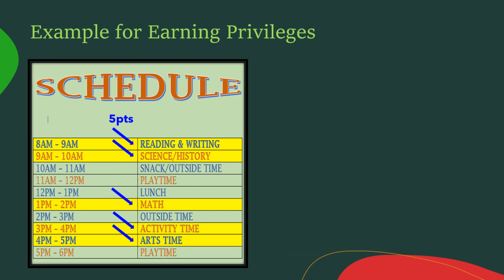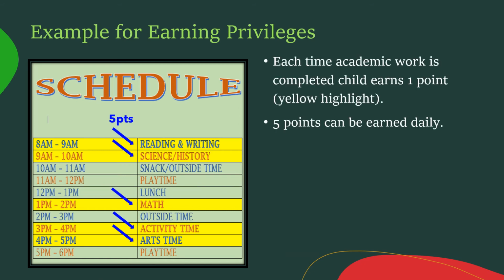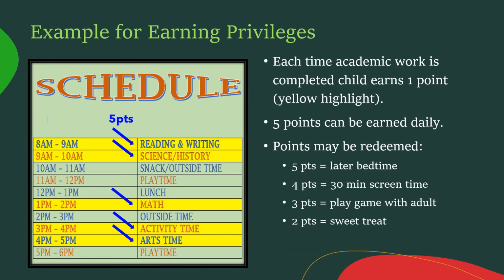Here's an example of what it looks like, or it can look like. So in the case here on the left, you see the schedule. It talks about the different subject areas, in highlighted yellow. And each of these areas, when completed, which is the expectation to do this work, your kid earns 1 point. So for this one day that starts from 8 a.m. and ends at 6 p.m., they're able to get 5 points, provided they've done all those 5 different highlighted yellow areas.